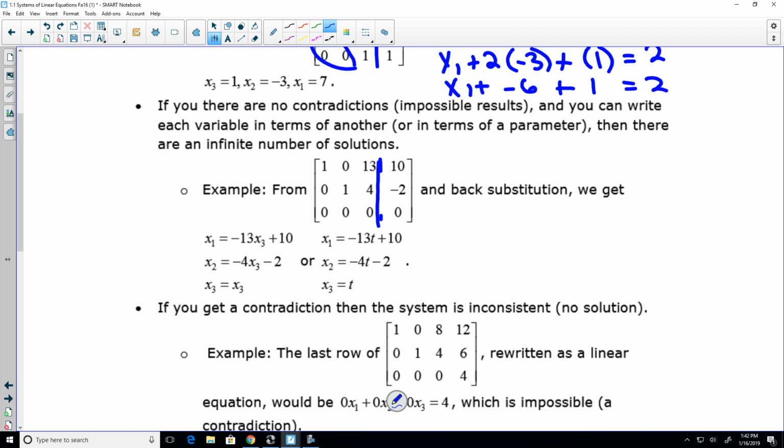If we write out the system the way it is now and try to solve it, the first equation says x1 plus 0x2, I'm not going to write that, plus 13x3 equals 10. And the second equation says x2 plus 4x3 equals negative 2.